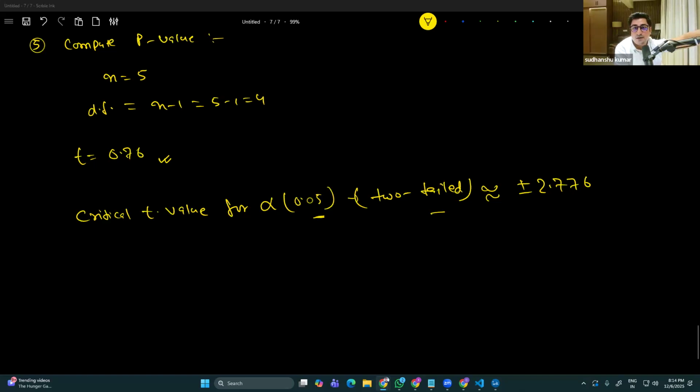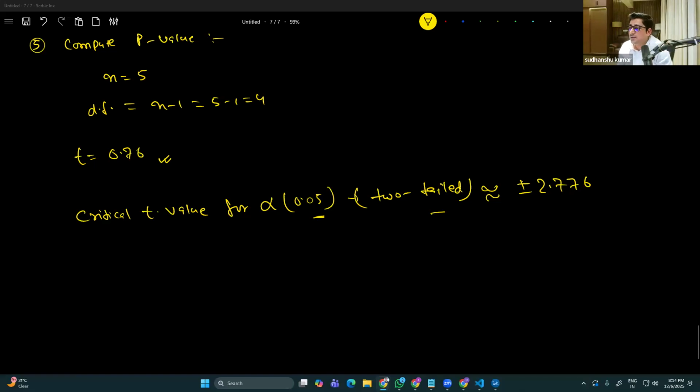And what is our p value over here? Yeah, what is our p value? So p value is basically 2.776. So, okay, Afifa is saying the critical t is equal to the p value. So I think everyone is saying 2.776.